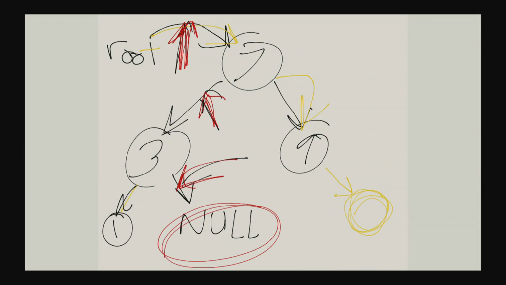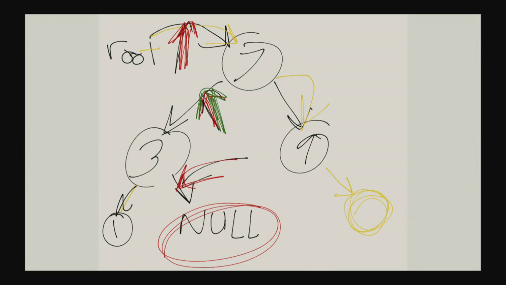Like the current tree's value? No. Remember that I am currently... So you want to dereference it twice. Yeah, so right here, let's say this green arrow is the example of what tree currently is. It is a pointer to this pointer. So that means I am a pointer to 3.